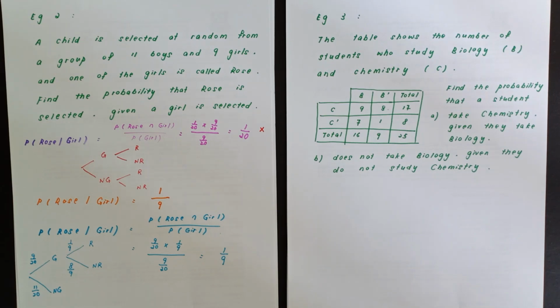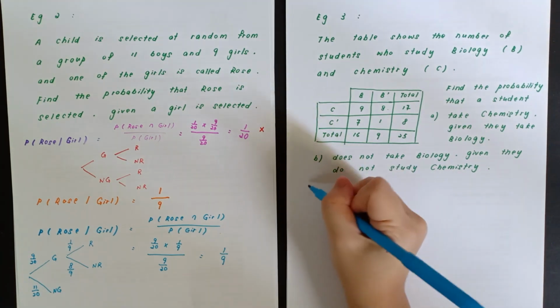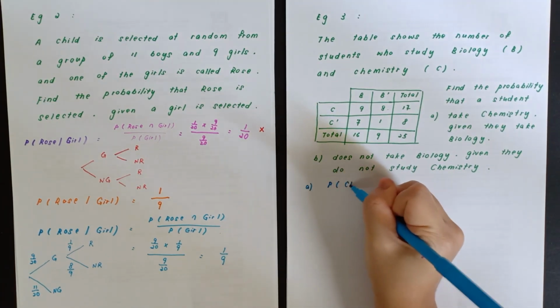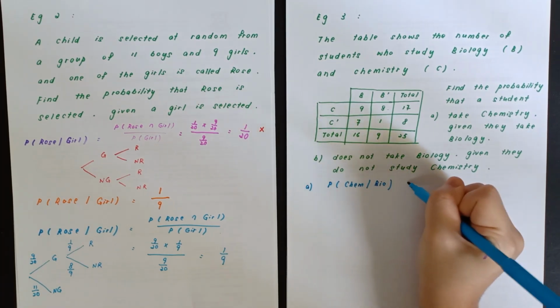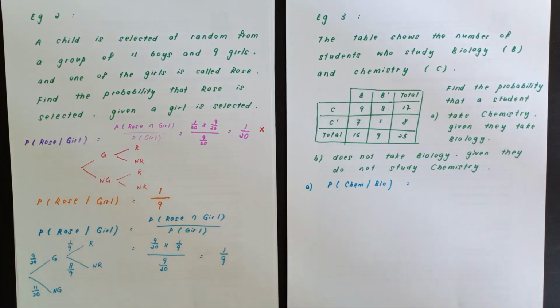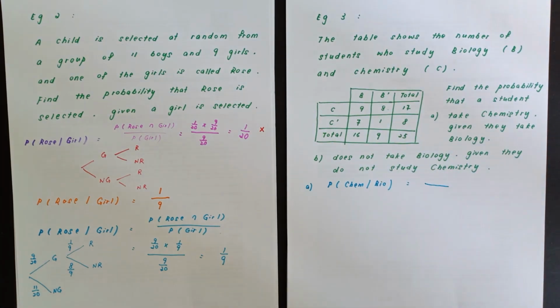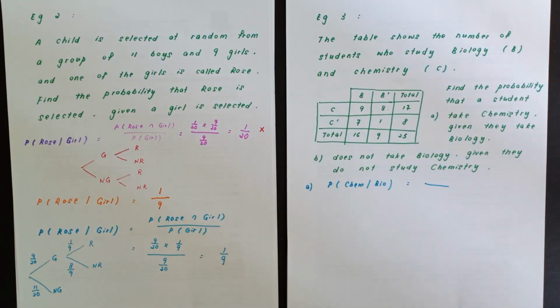Okay, now let's do part A first. I want to find the students who take chemistry given that they take biology. How do I find that? You remember we talked about sample size. How many students are you looking at in total? Given they take biology, the sample you actually want to investigate is the biology students.